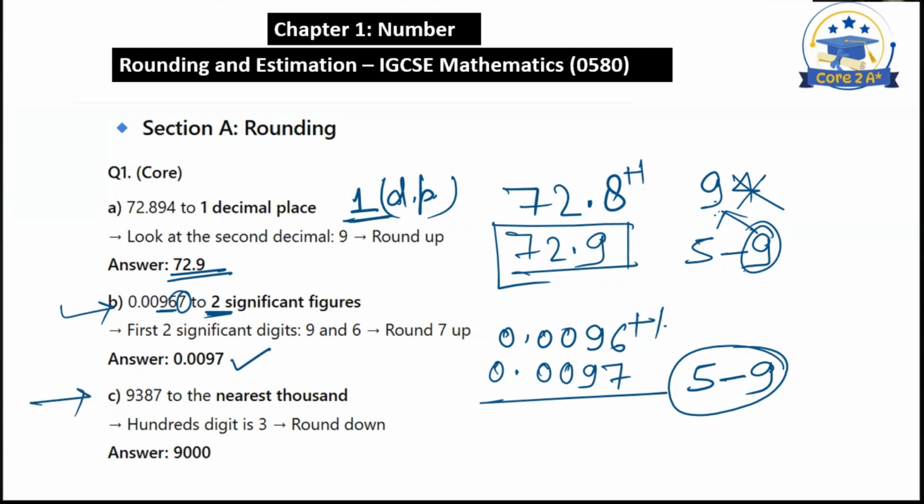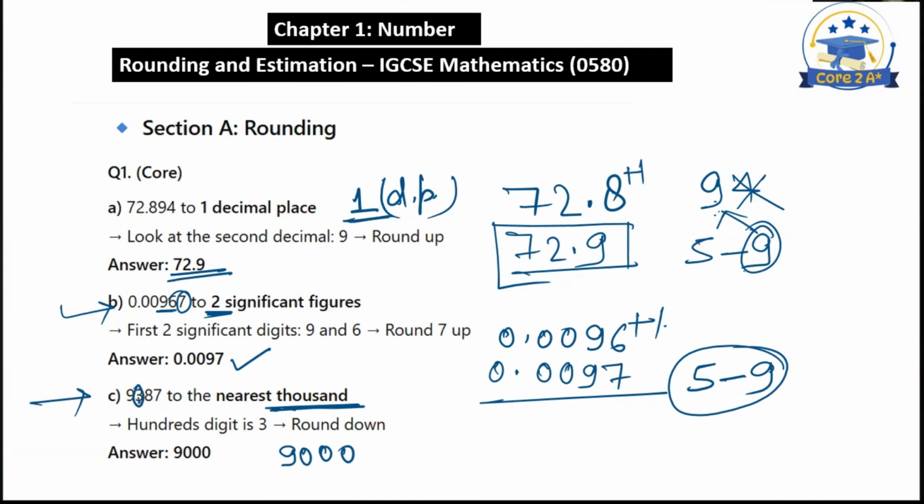Next, 9387 to the nearest thousand. There are 3 zeros in thousand. So 9 and just write 3 zeros. But see, here it is 3.